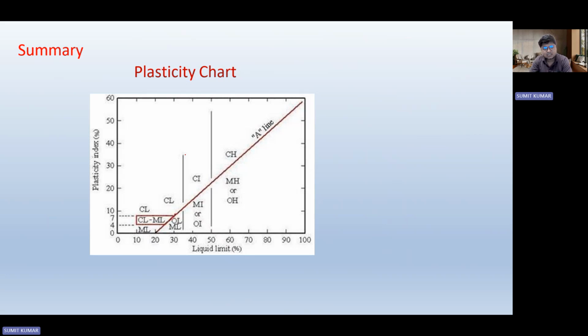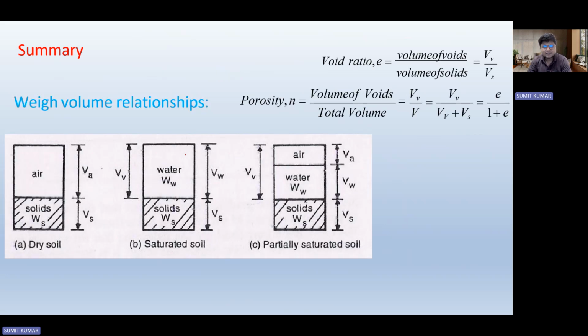Following that, we understood the basic parameters, in which we read the void ratio and porosity. We also understood the index properties of soil, the Atterberg limits, the degree of saturation, the water content, and the percentage air content, everything with the help of the phase diagram.